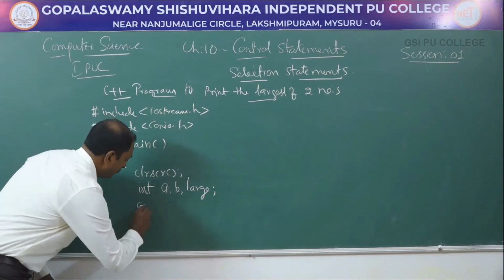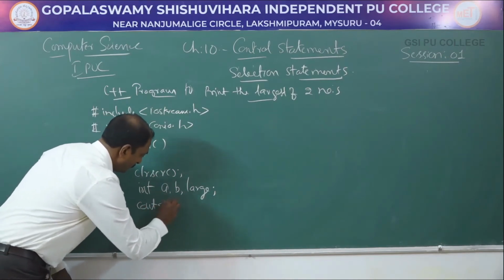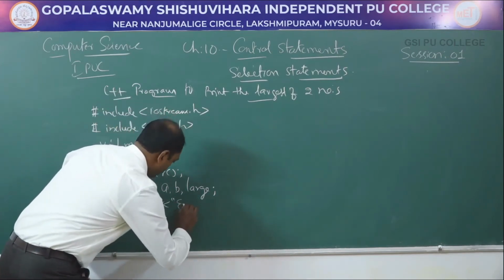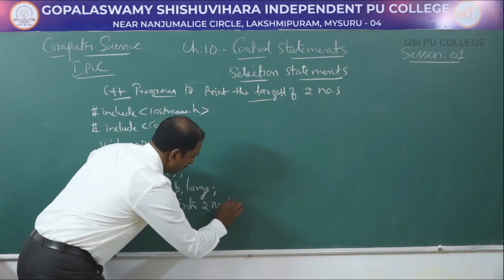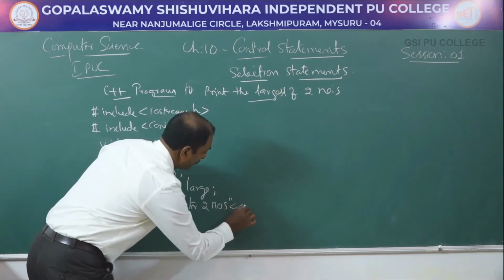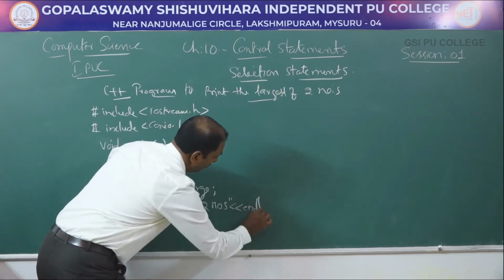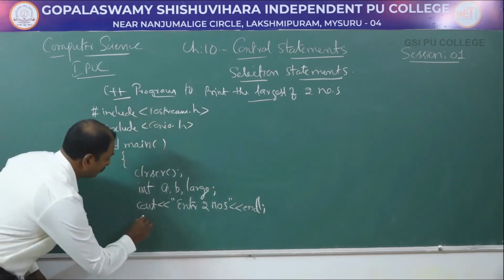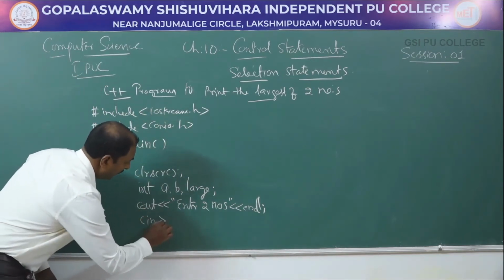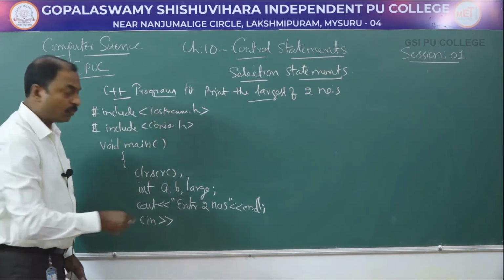Now write here cout enter two numbers. Close this and with endl, that is a manipulator. Next here we have the input statement cin. We have to read the values of two variables.